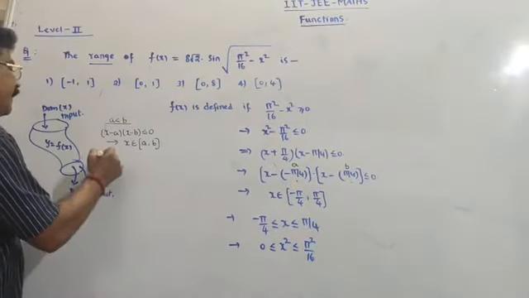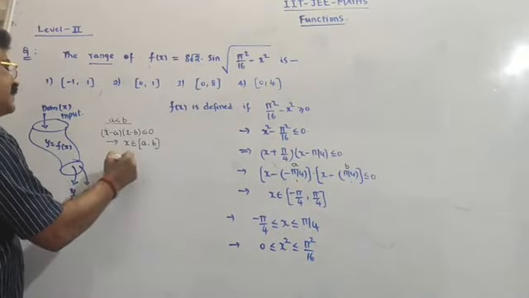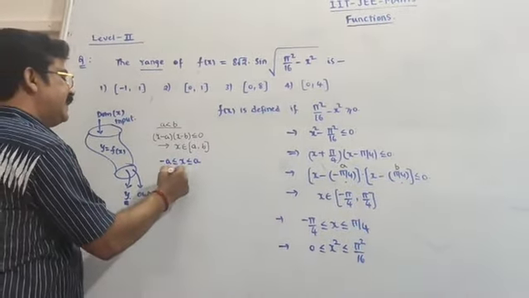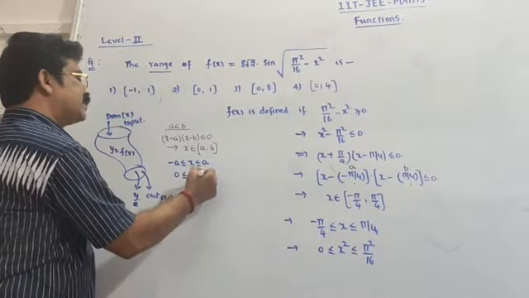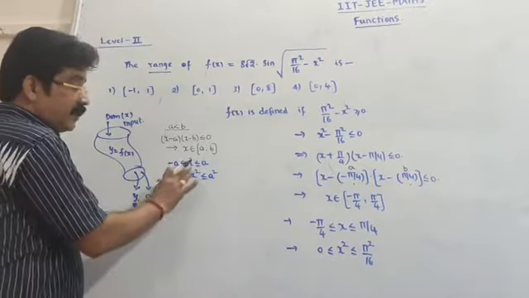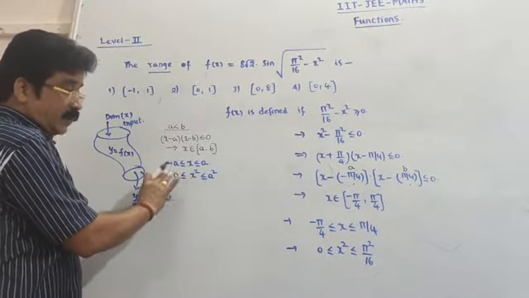Whenever minus a less than or equal to x less than or equal to plus a, then definitely 0 less than or equal to x square less than or equal to a square. It is not squaring throughout the inequality.